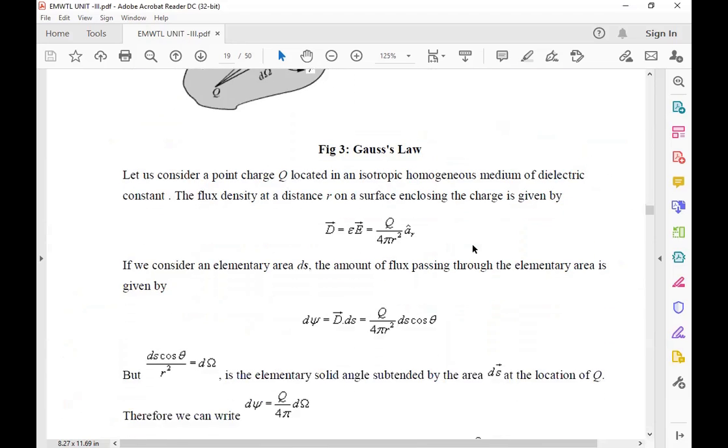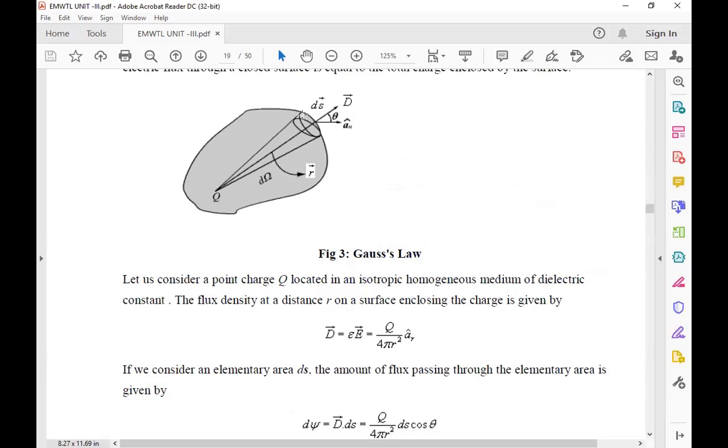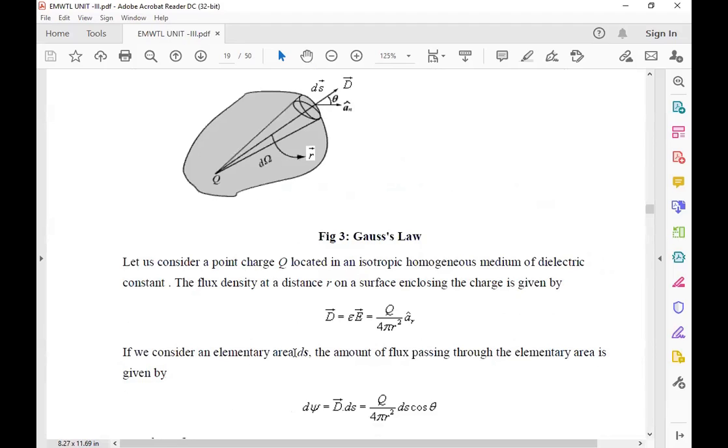So if we consider the elementary area ds, the amount of flux passing through that elementary area. Suppose there is a circle, which is a differential surface, the elementary area.